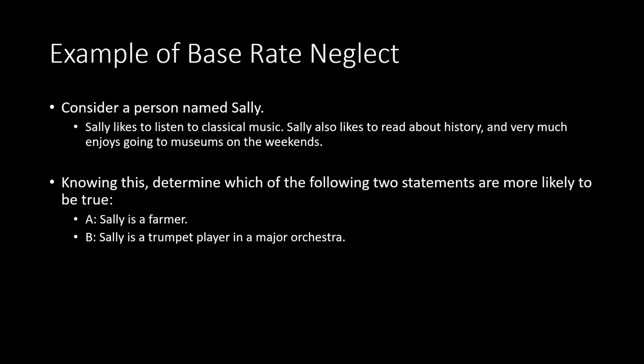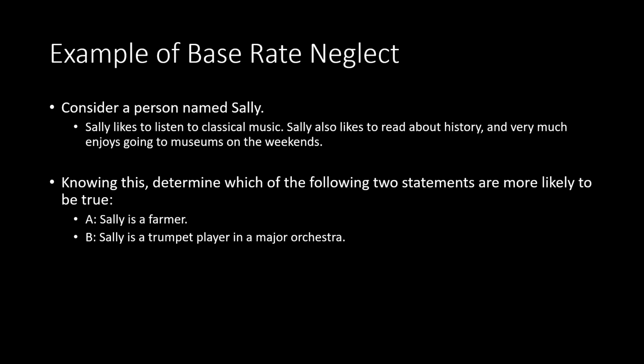There are about 320 million people in the United States, so that's like 2 over 320 would be sort of the rate at which someone could be a farmer. Whereas for the trumpet players, that is only 4,000 for every 330 million people, which is way less than 2 million out of that. And so again, likelihood being Sally is a farmer.